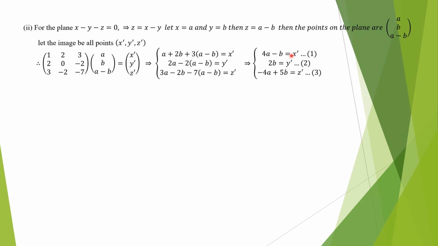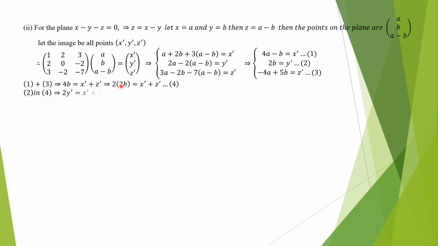Sorry. So the first thing I want to do is add equation 1 and equation 3, so this a variable can disappear. So adding this, I just get 4b is equal to x prime plus z prime, and 4b again is 2 times 2b, so 2 times 2b is equal to x prime plus z prime, and again 2b is y prime, so I can just substitute that in here.